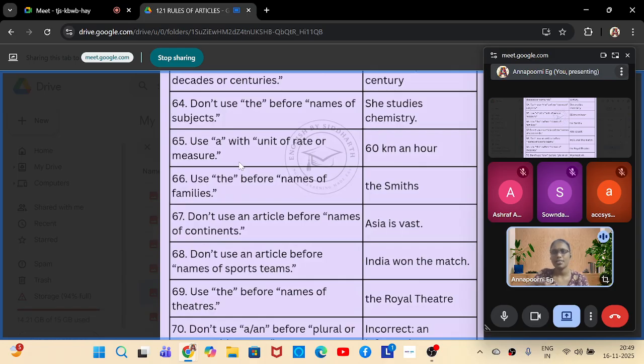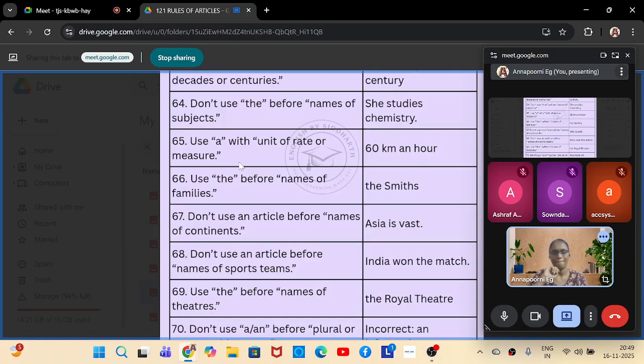This is something different, because they say a is not needed for 60 kilometer. A kilometer we can say, but a 60 kilometer we rarely say. For example, I think you must walk a 60 kilometer.